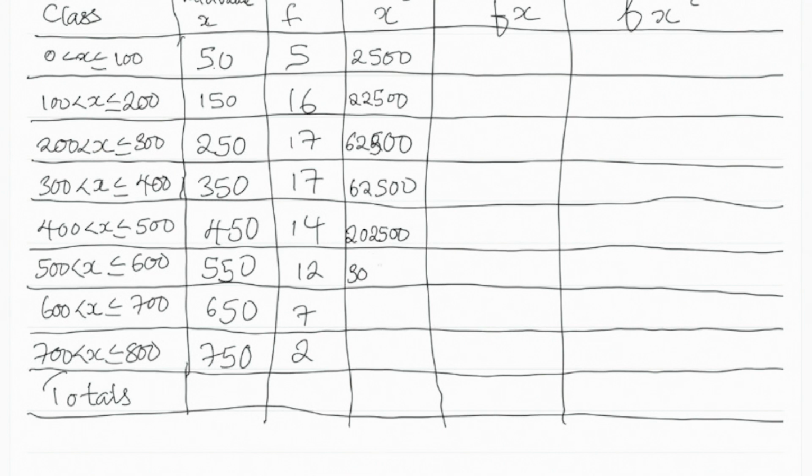Then plus 42. When you square that, you have 42,25,000. And then finally you have 56,2500. This is simple, you can follow.